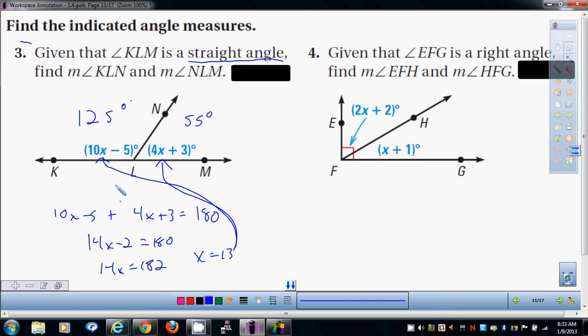Okay, number 4. Elijah, you want to tackle it? All right. Well, how'd you set it up? Equals 90. Right angle was the key. Then what'd you get? Perfect.